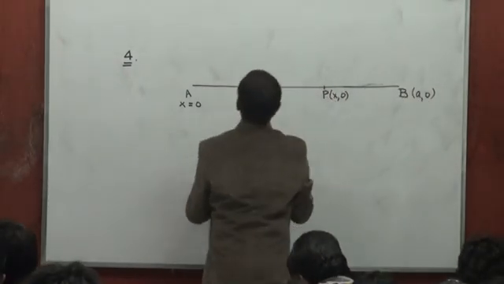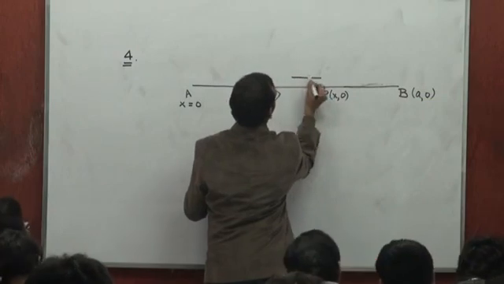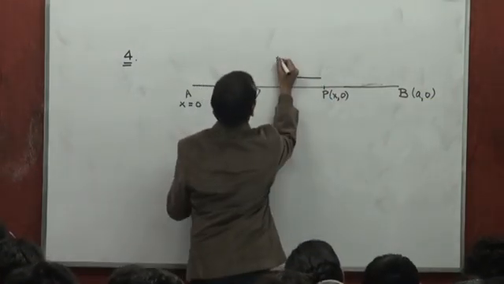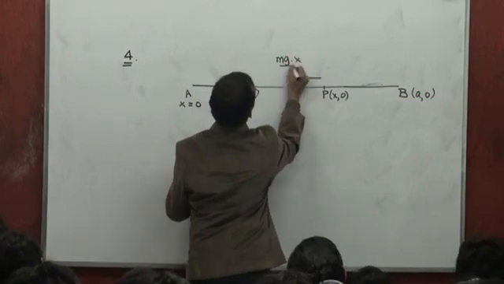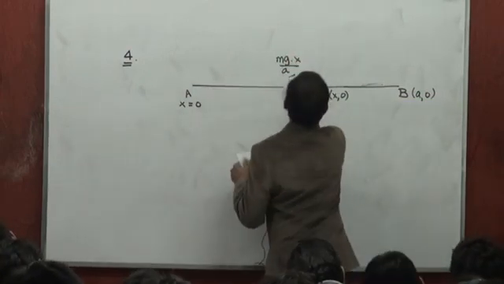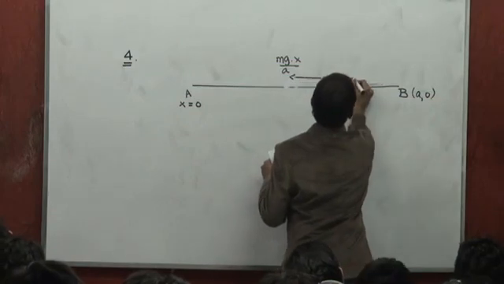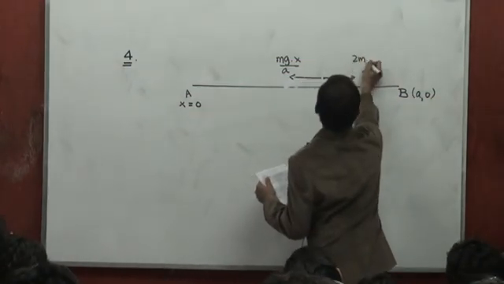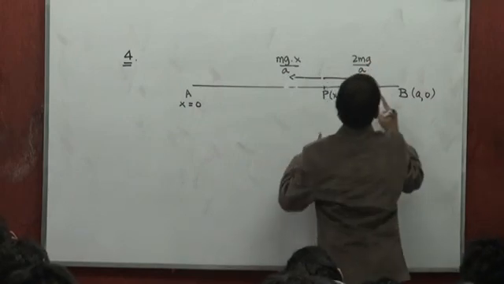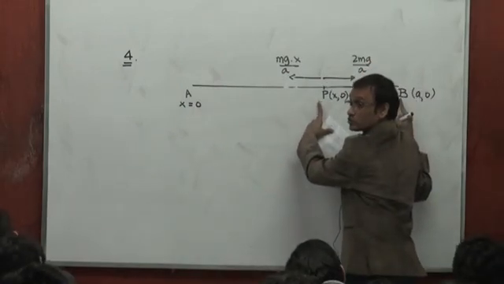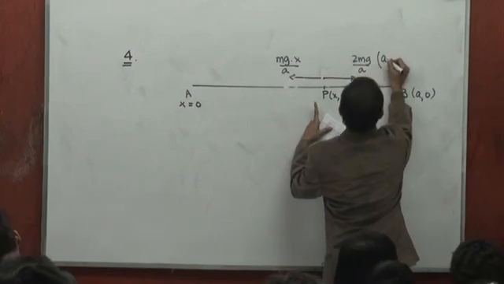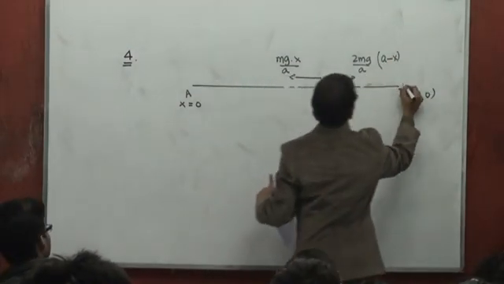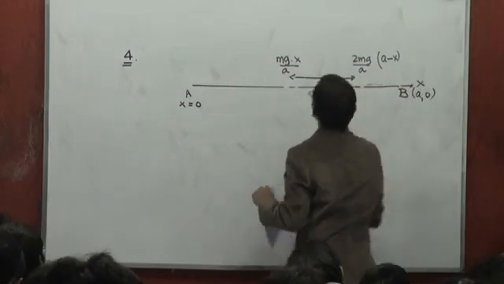A force acts towards A, which would be mg into AP, so mg into x by a, and a force acts towards B, which would be 2mg by a into BP. BP is going to be a minus x. Say this is the positive direction of the x axis.